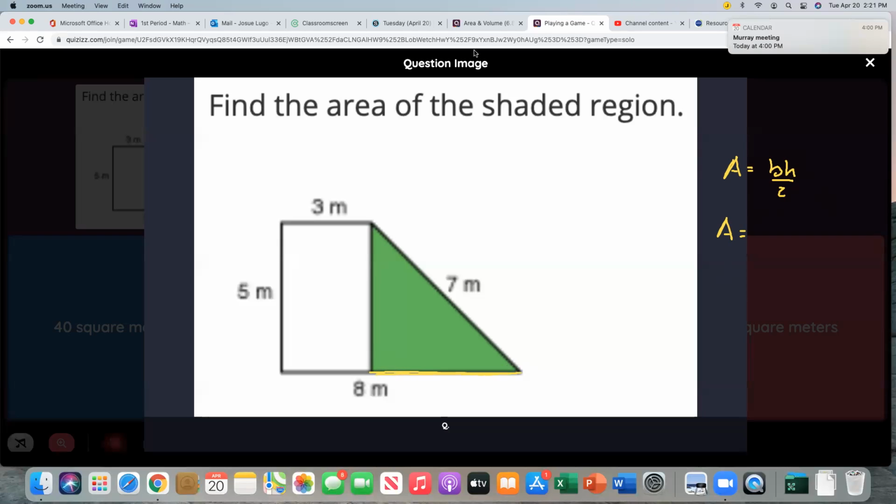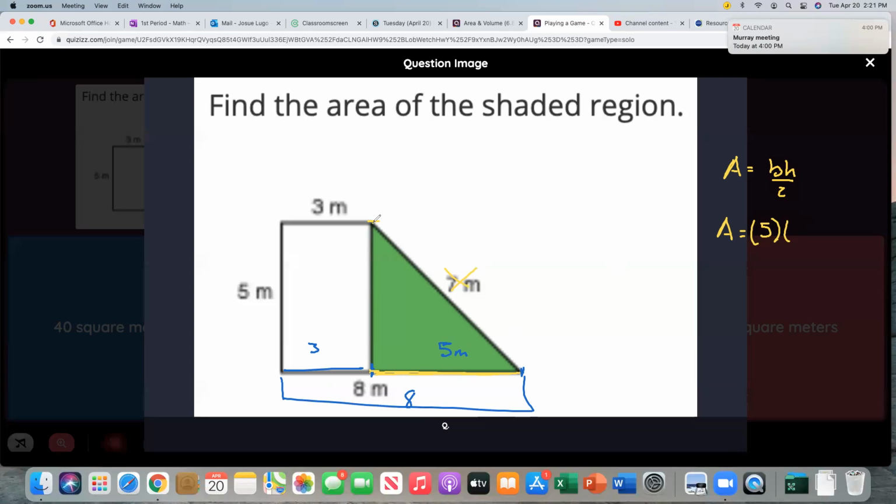Now, how can I get this base? Well, I know that the whole thing here is 8, but I need to take this part off here, which is 3. So 8 minus 3 would make this only 5 meters, because 8 minus 3 is 5. So my base is going to be 5 times the height, which also is 5. The height is from here to here. We don't need the 7. That's the slanted height.